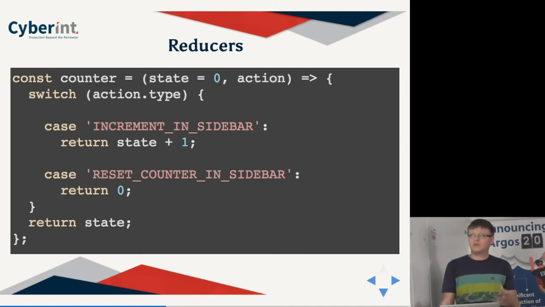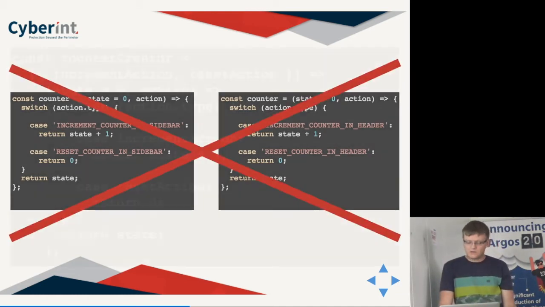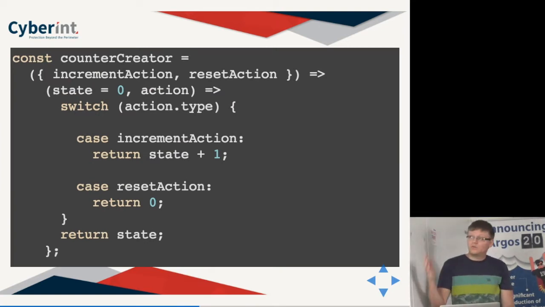In order to reuse this reducer, even if the logic will be totally the same, but we just need to reuse it in another place, we still will need to change it because we are going to work with other actions. So are we going to copy paste it and change just the action types? I don't think so.